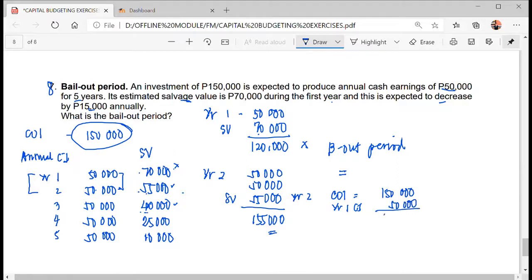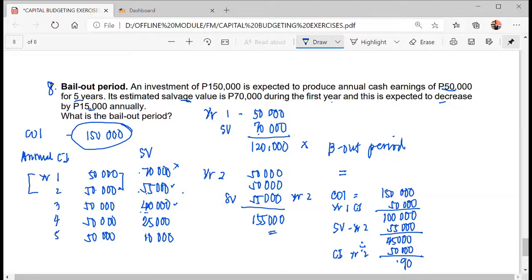So the balance is 100,000. Then you deduct the salvage value in year 2, which is 55,000. So the remainder is 45,000. That is your numerator, and you divide it by the cash inflow for year 2, which is 50,000. So 45 divided by 50 is 0.9. So 90.